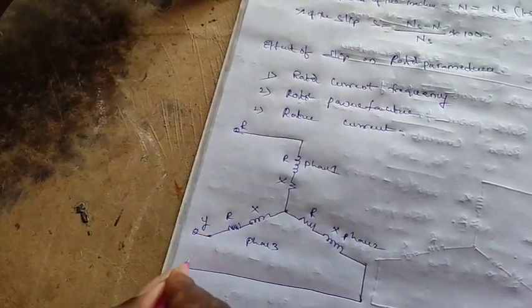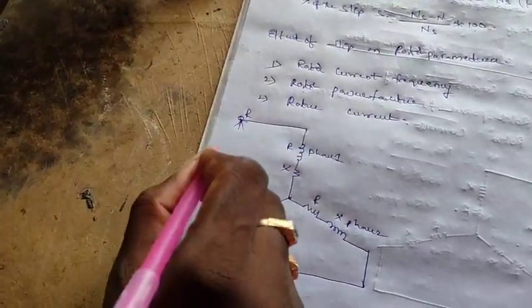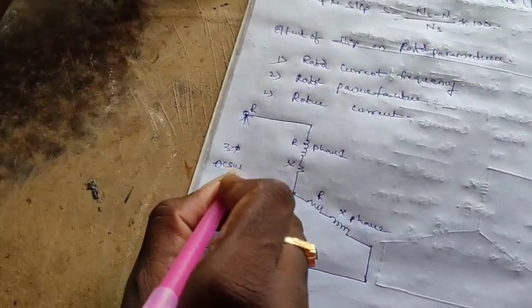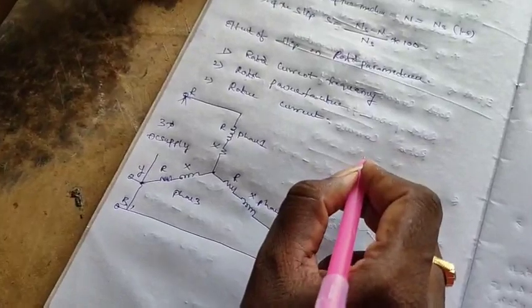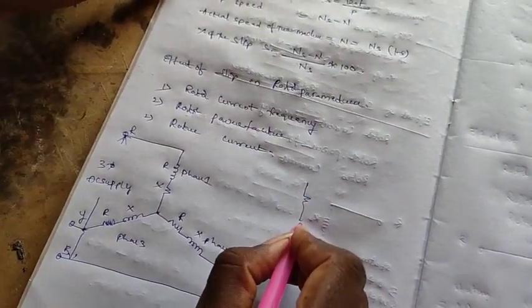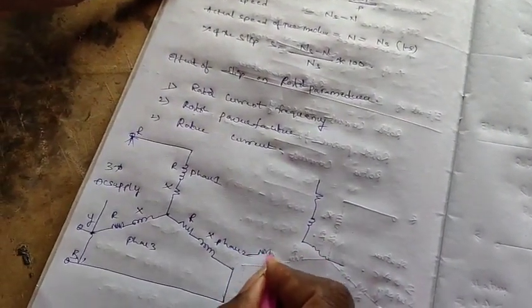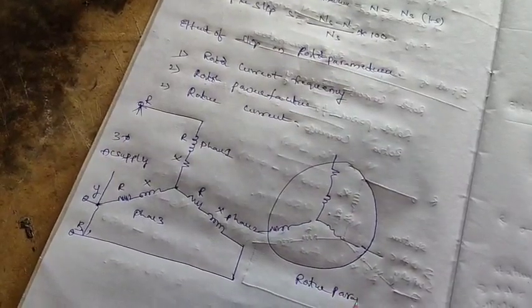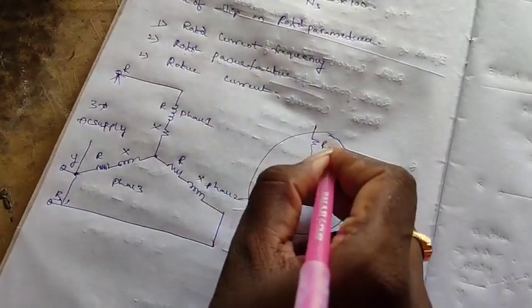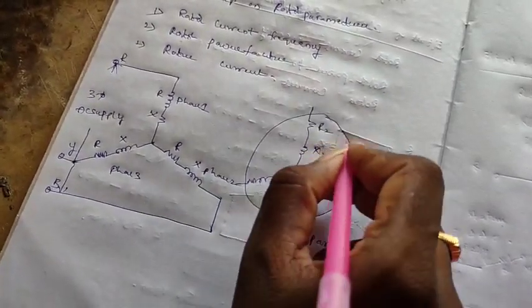So these are the three phases R, Y, B. So we give 3-phase AC supply to the machine. So the rotor has parameters like that. These are the rotor parameters. For the rotor I am indicating R2, X2 for phase 1.